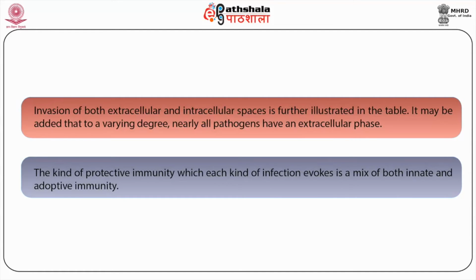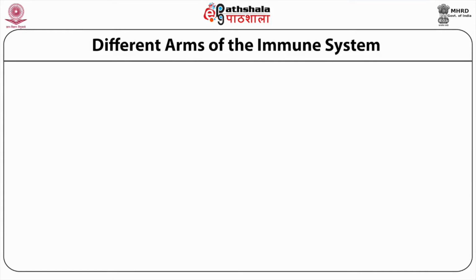The organisms which normally take part in these kinds of infections are given. The protective immunity which they provoke is also shown against each kind of infection. It should be made clear at this point that a particular infection provokes different arms of the immune system.